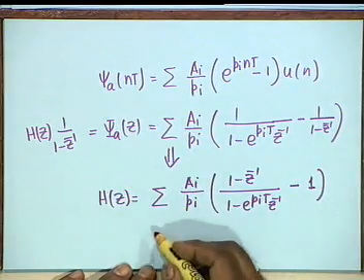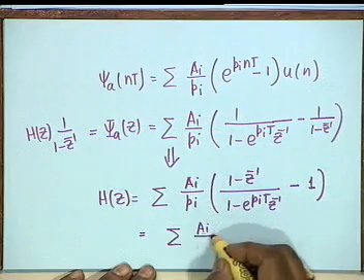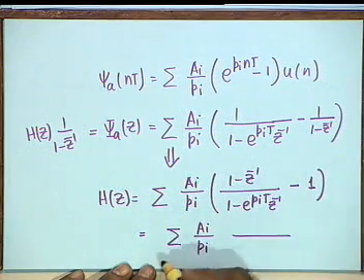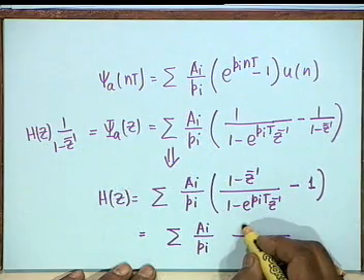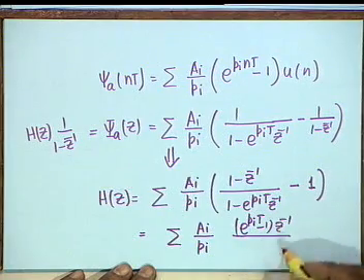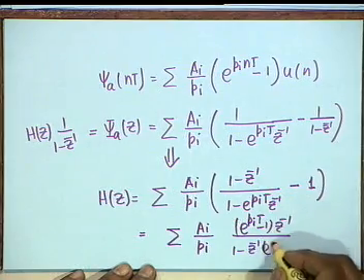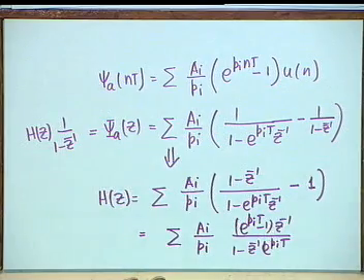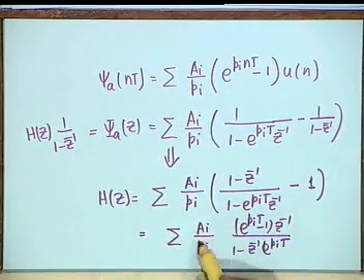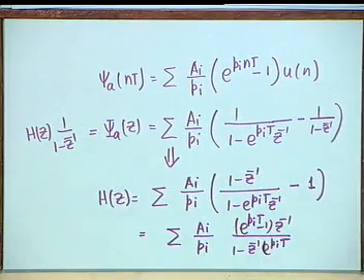And if you simplify this, then you get summation a sub I divided by p sub I, e to the pit minus 1, z inverse divided by 1 minus z inverse e to the pit. It is not very complicated. This is a constant, e to the pit minus 1 ai by pi, multiplied by z inverse divided by 1 minus z inverse e to the pit.